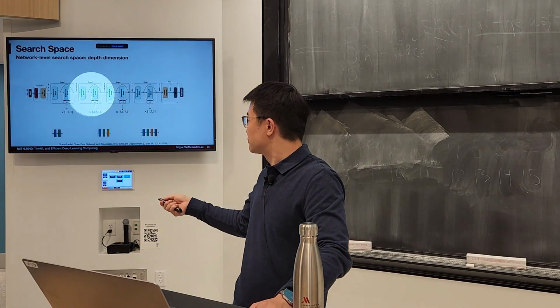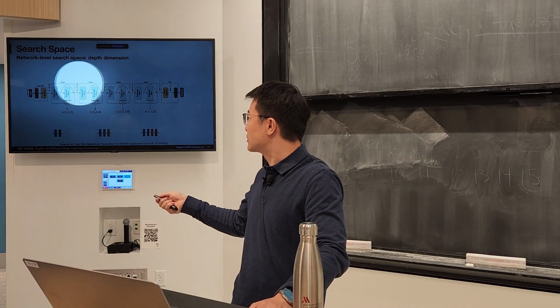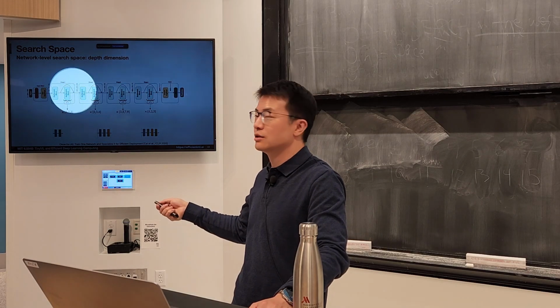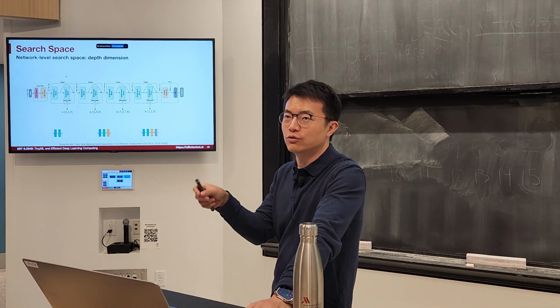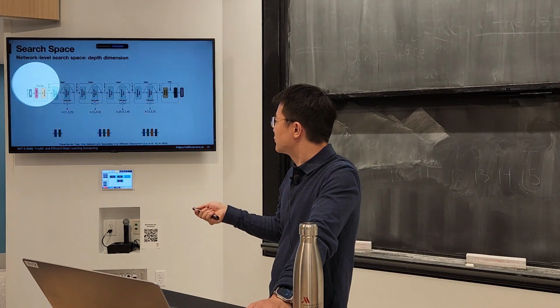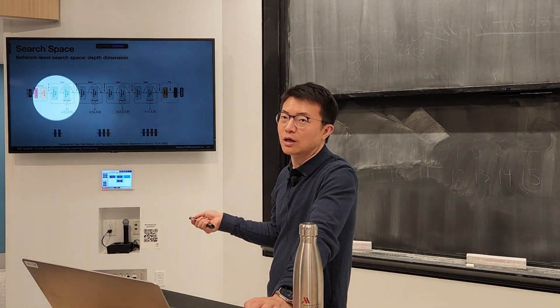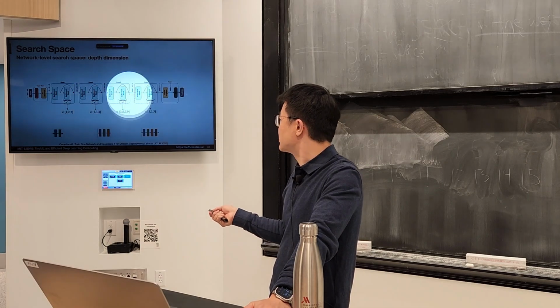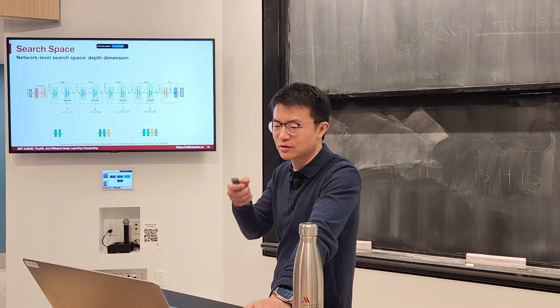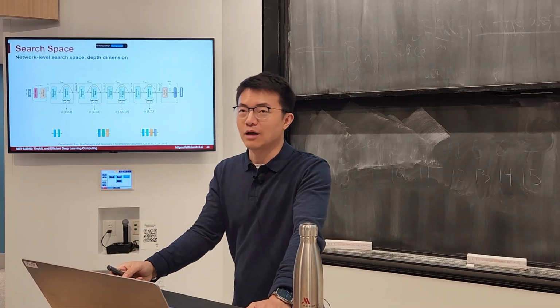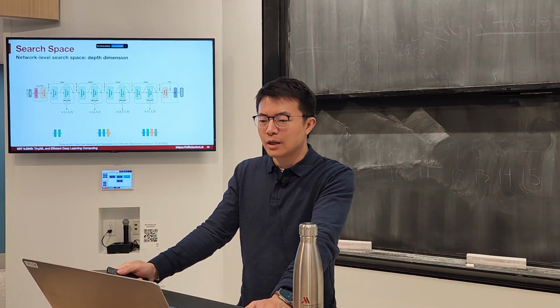Here we have 5 stages, and each stage has the same resolution, reducing from 224 all the way to 7. The first stage can have a depth of 1, 2, or 3, and for a later stage we can choose from depths of 3, 5, 7, 9.